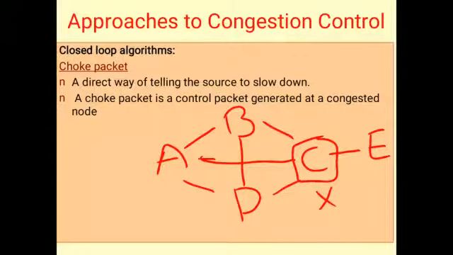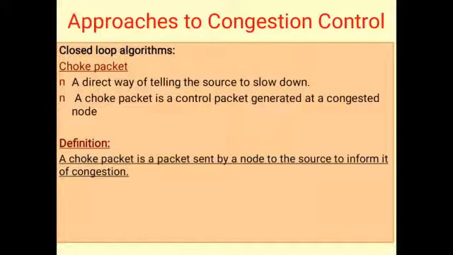We'll see the definition of a choke packet. A choke packet is a packet sent by a node to the source to inform it of congestion. So a choke packet is a packet. Which packet is it? It is a control packet. That control packet is generated at the congested node, and that node will send this choke packet to the source. Why is it sending to the source? To inform that congestion has occurred at that particular node.